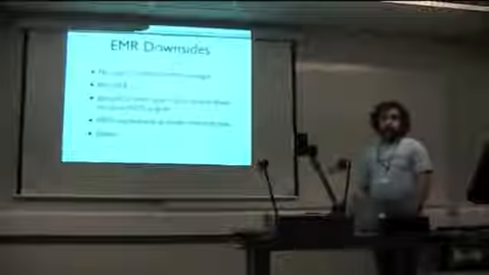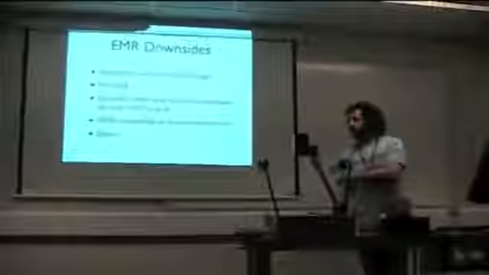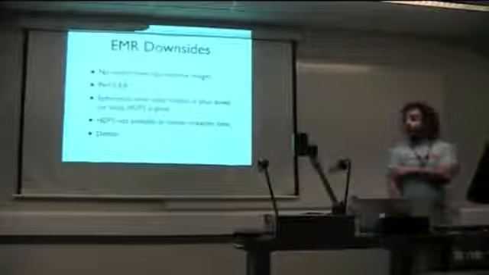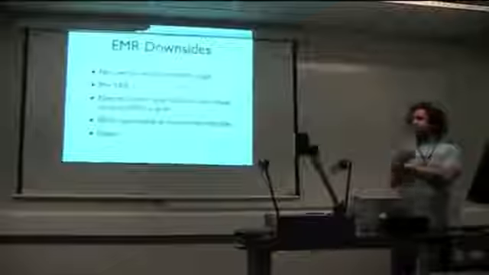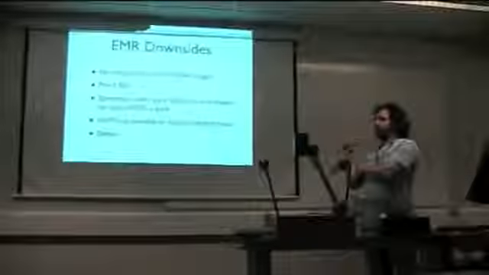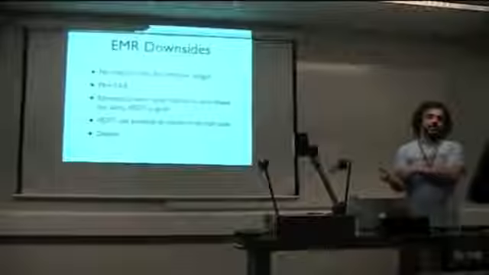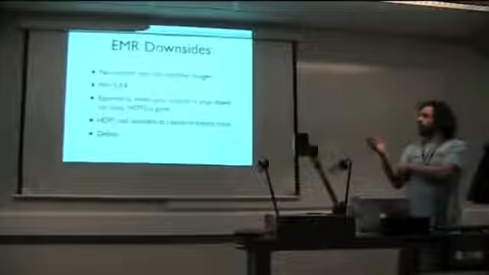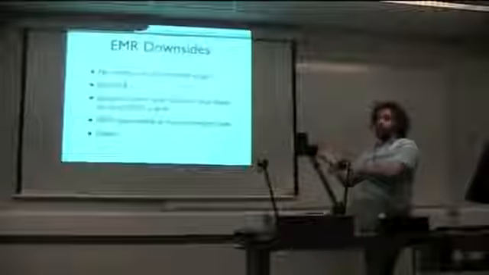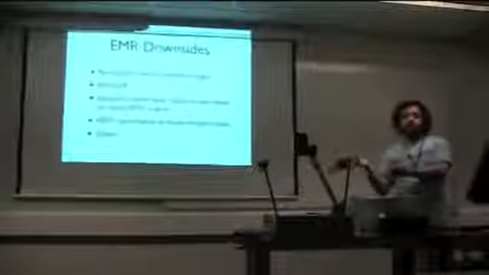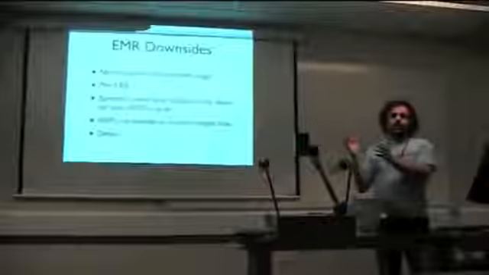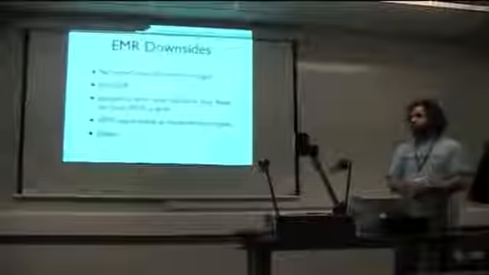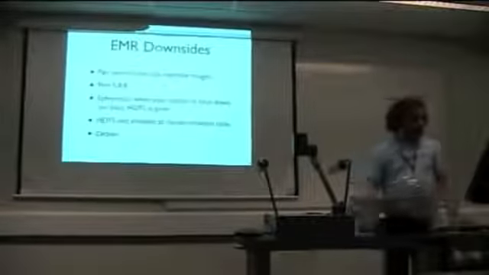If the cluster dies, and EMR clusters die much more frequently than EC2 instances, I don't know why, they're designed to be ephemeral, so you don't want to store your data on HDFS, because when the cluster dies, HDFS is gone and all the data is gone. HDFS is not available when the cluster is created, which means that when you start a cluster, you can't store things in HDFS to make them available. And finally, it's Debian, which I don't like.